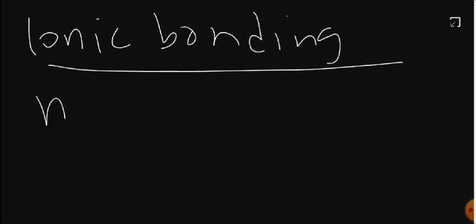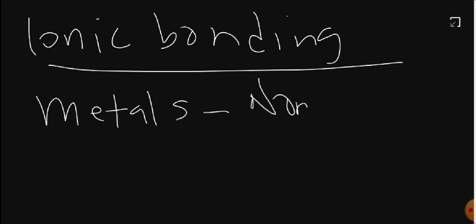So the first type of bonding that we are going to look at is ionic bonding. And you know that ionic bonding is a bonding between metals and non-metals.